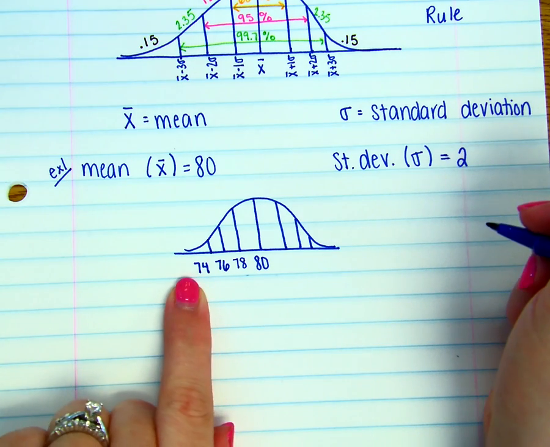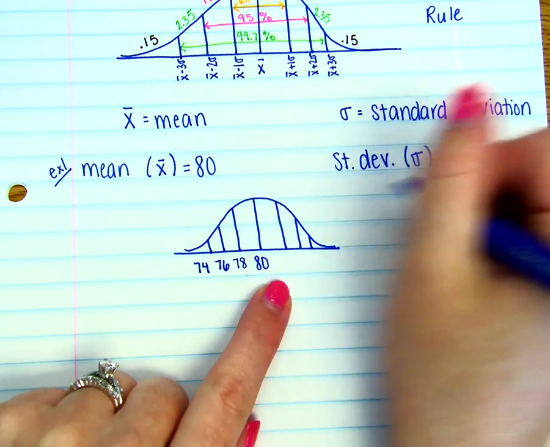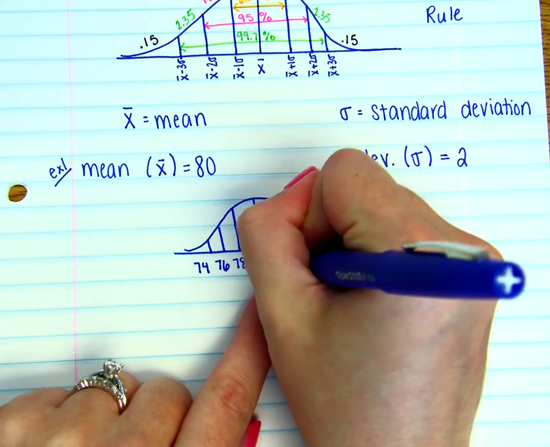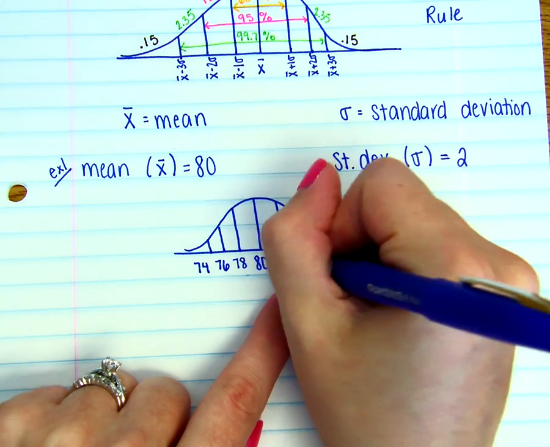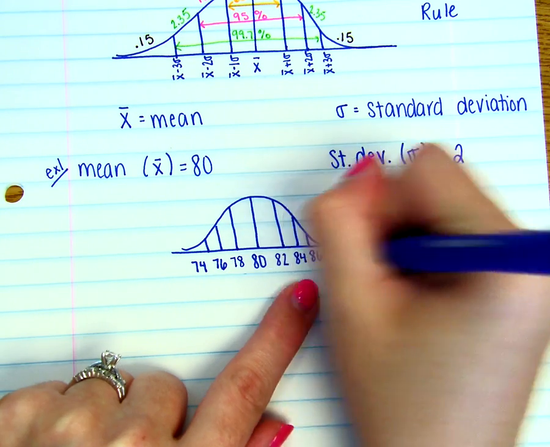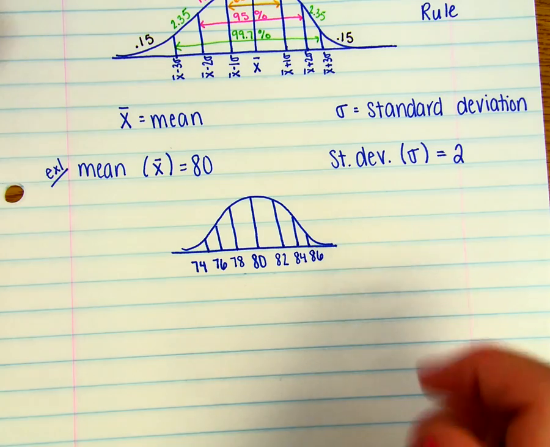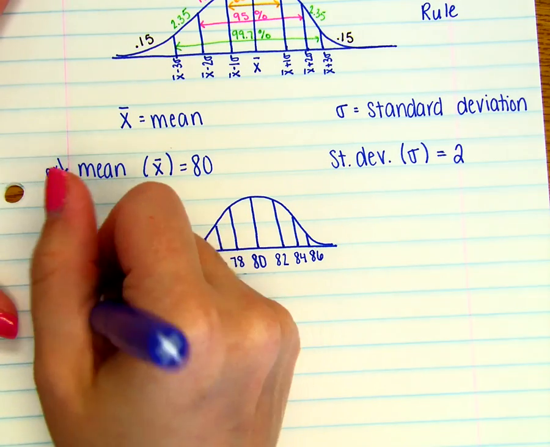Now that's how we fill in the numbers to the left by subtracting. So to fill in the numbers to the right, we add 80 plus 2, 82. 82 plus 2, 84. 84 plus 2, 86. So now we're going to answer our questions.